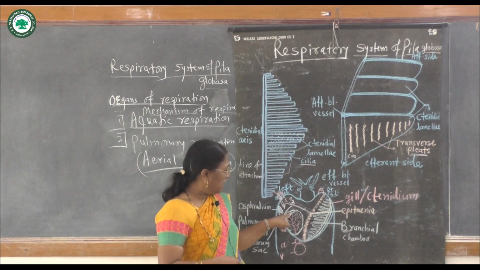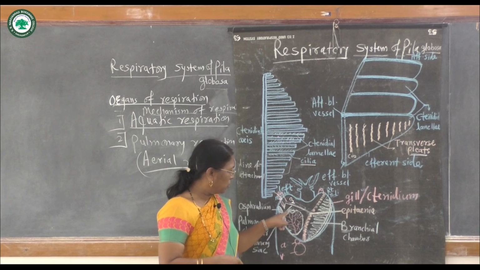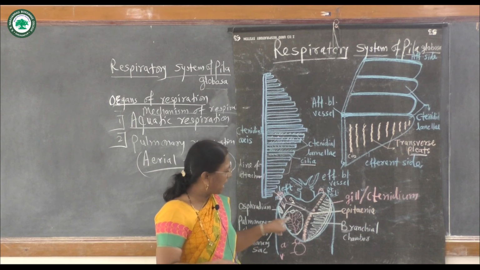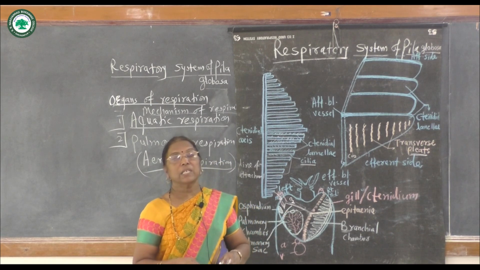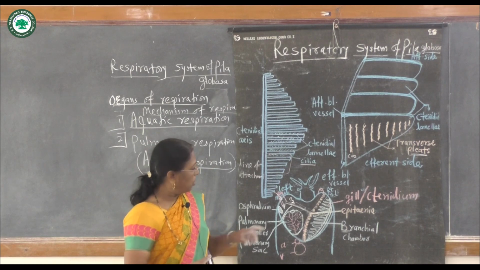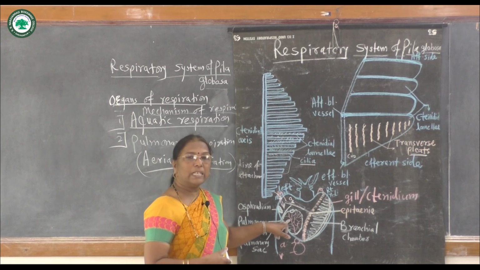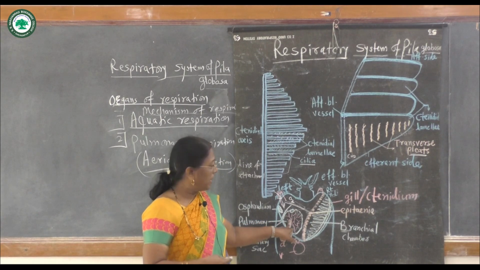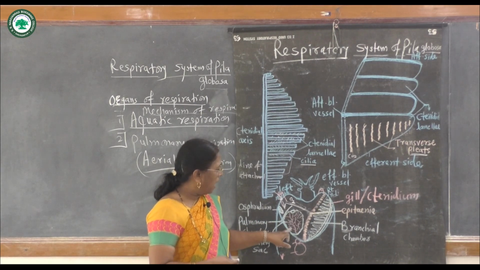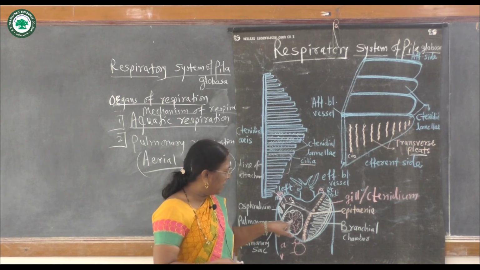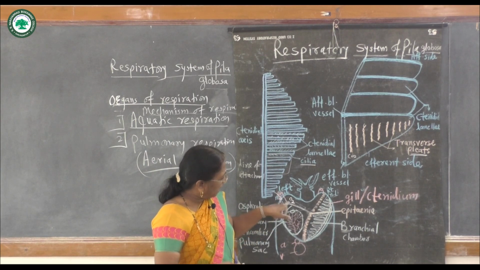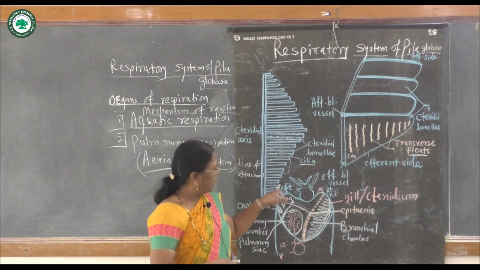When fresh air drawn from this left nuchal lobe comes through this aperture into the pulmonary sac, there is exchange of O2 and CO2. Means O2 is absorbed into this pulmonary sac due to the thin vascular nature of this wall, and CO2 from this blood vessel is collected and goes out through the left nuchal lobe.